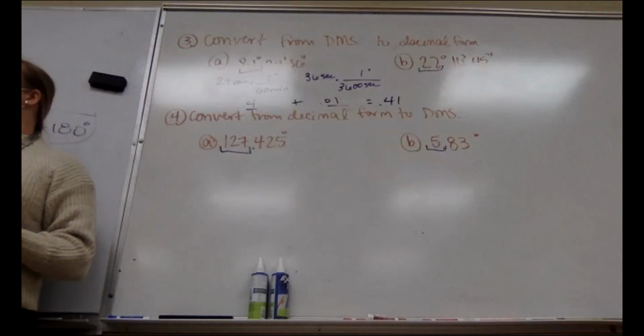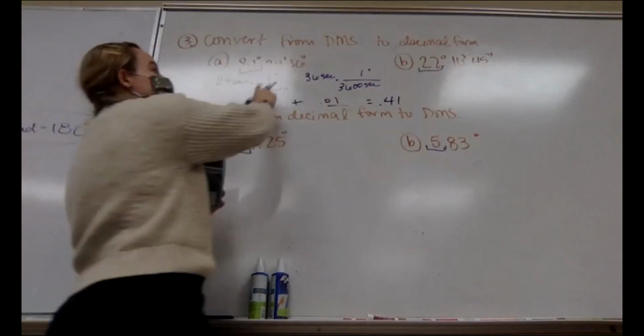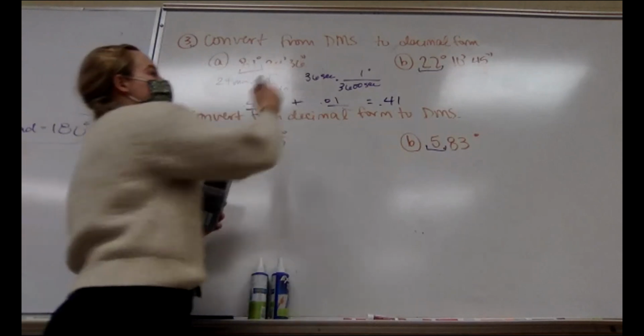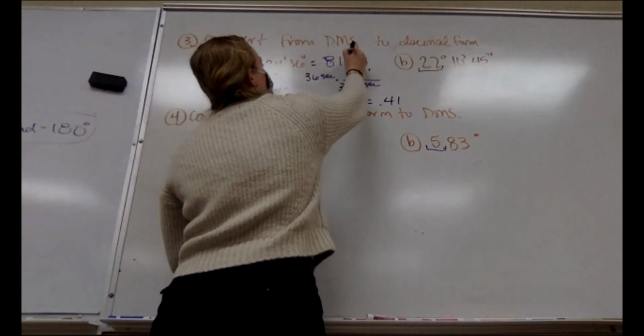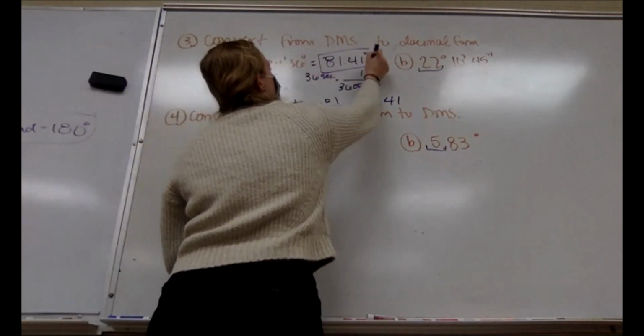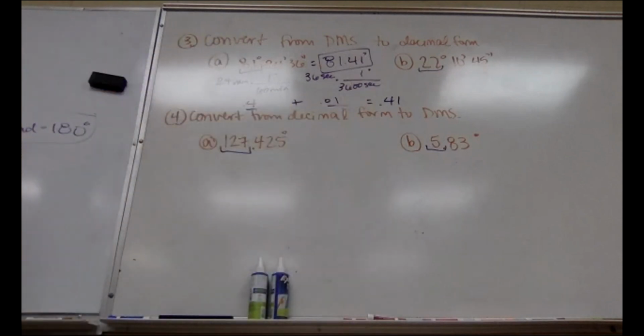What changes are the minutes and the seconds or the decimals. And so here I made 24 minutes and 36 seconds into 0.41 degrees. That's my answer. 0.41 degrees. Okay, you try the next one.